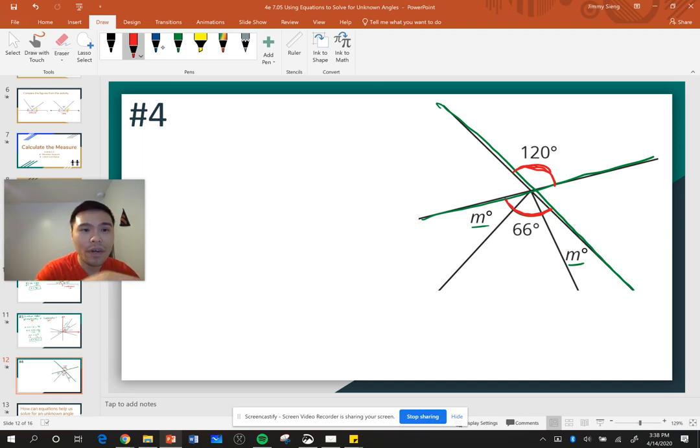So therefore, I know that, let me do some blue. M plus 66 plus M, let me write this better, plus M, that is equal to 120, or the vertical angle to all those combined.